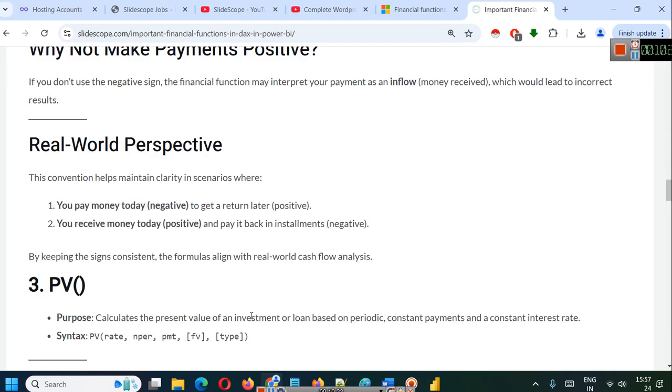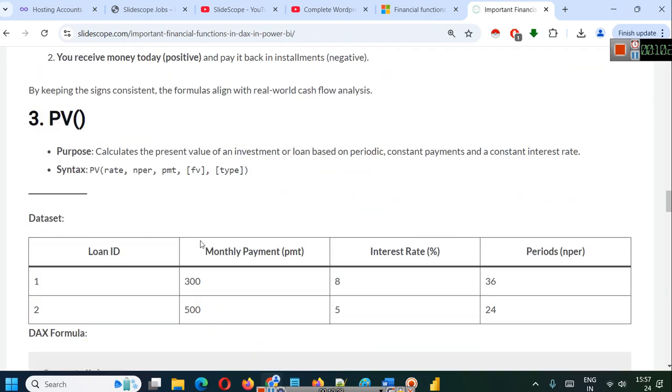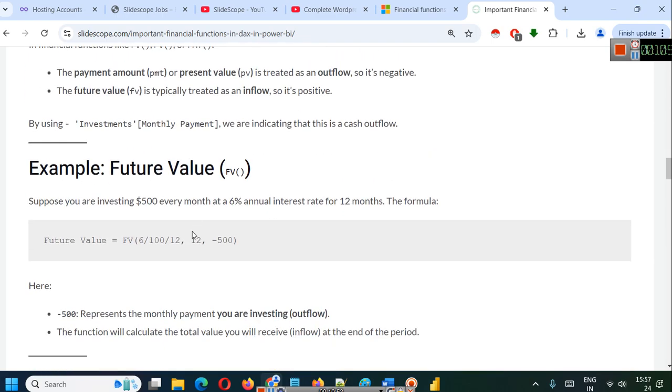Similar to PMT and FV above, we also have PV, which represents present value of any investment or loan based on periodic, constant payment and constant interest rate. It will calculate the present value of investment or loan based on your periodic constant payment.